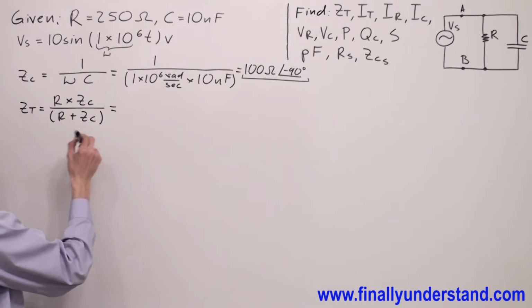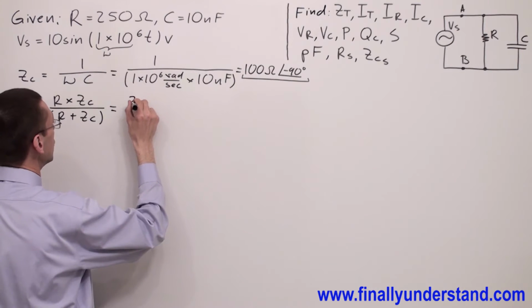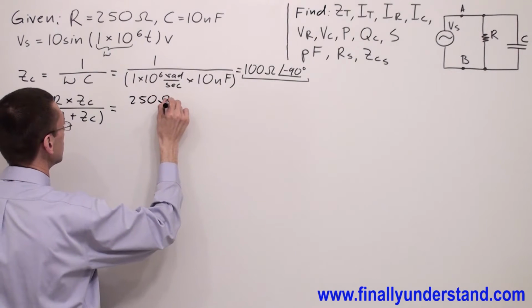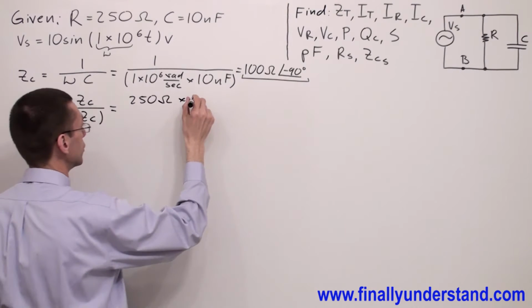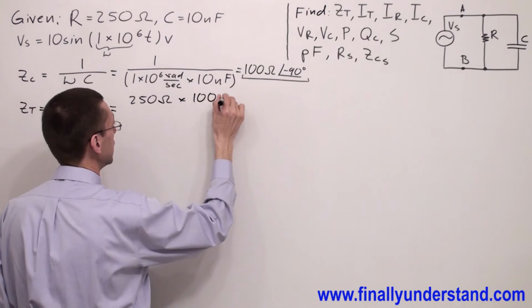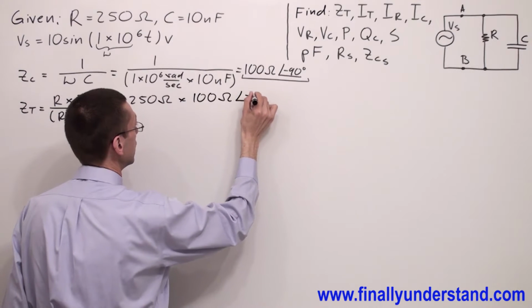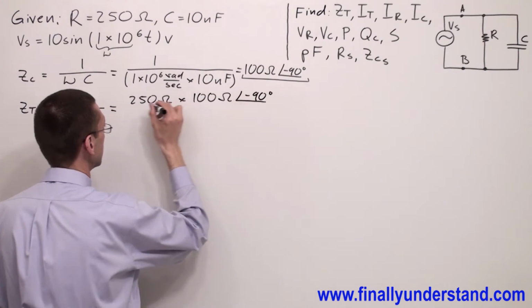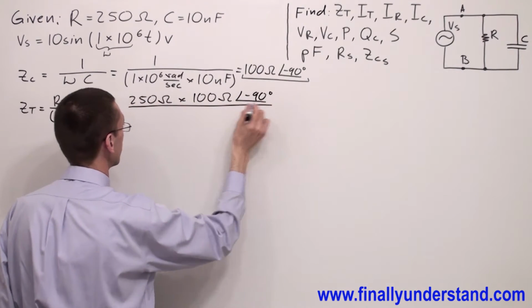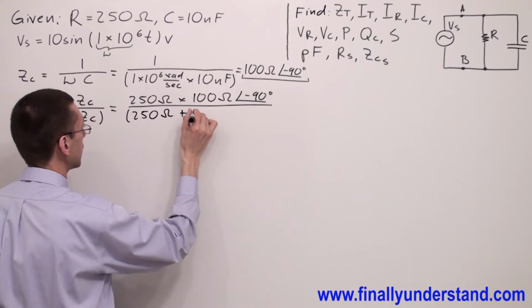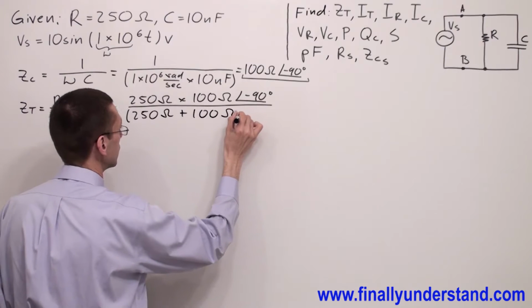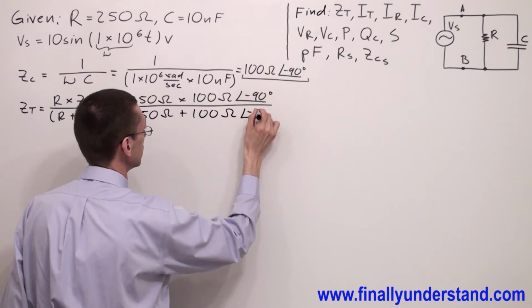So if R equals 250 ohms times impedance of my capacitor, which is equal to 100 ohms and angle of negative 90 degrees, over 250 ohms plus 100 ohms angle of negative 90 degrees.